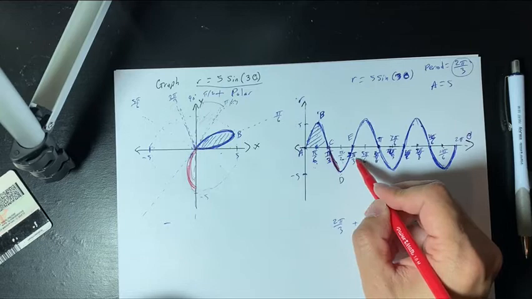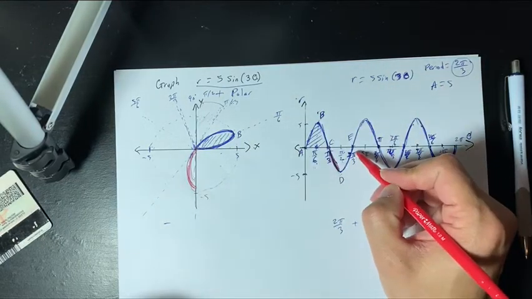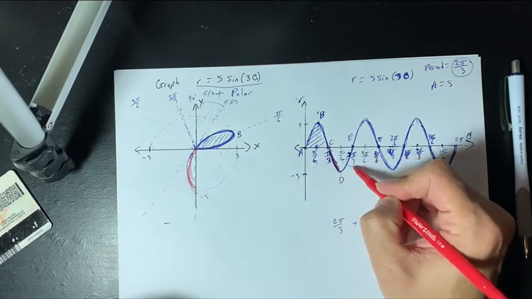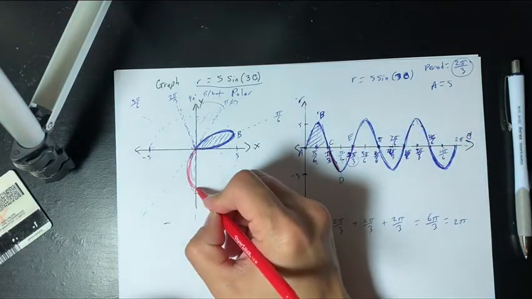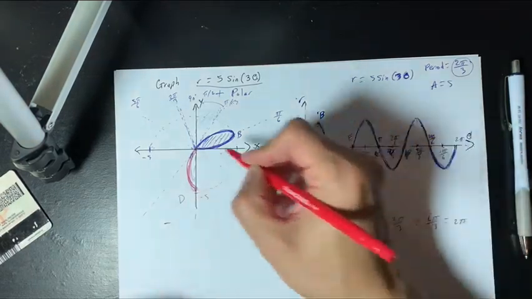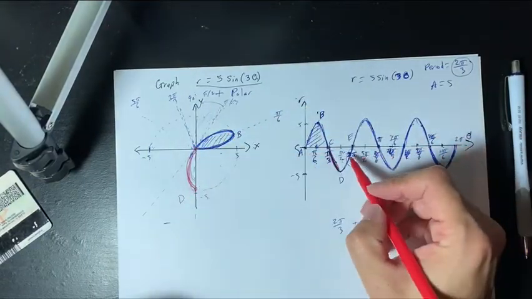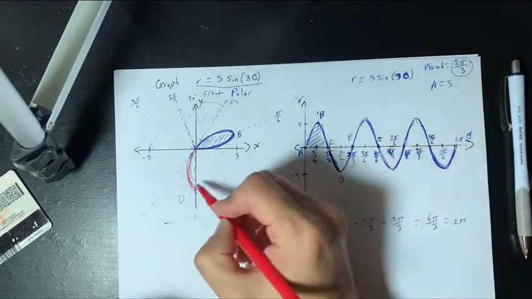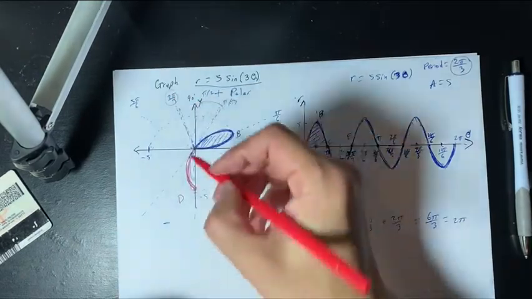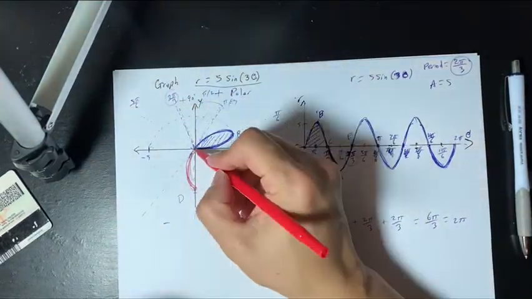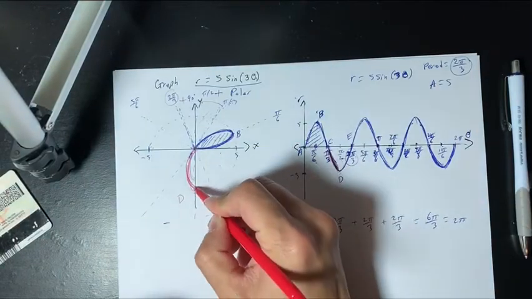And from pi over 2 to 2 pi over 3, right? That's E. So this is D. E is at the origin. From pi over 2 to 2 pi over 3, here's the positive for that. Here's the negative.